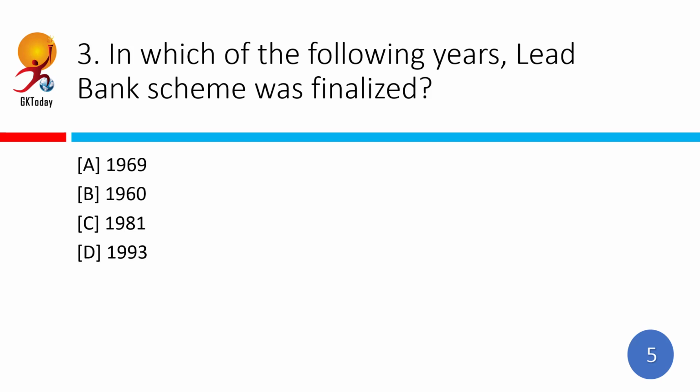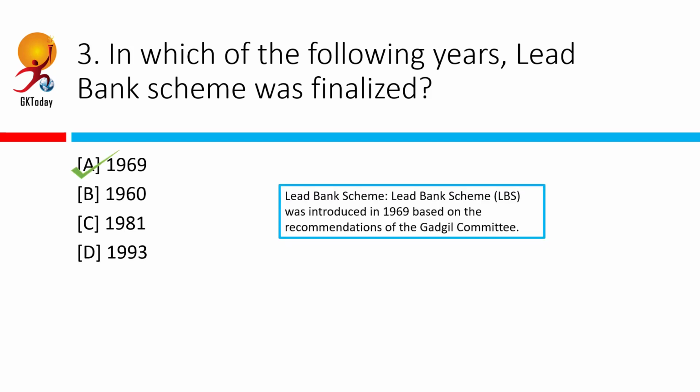In which of the following years Lead Bank Scheme was finalized? We just spoke about this. Correct answer is 1969. So it was suggested by the Gadgil study group. So this was under the chairmanship of Professor D.R. Gadgil.